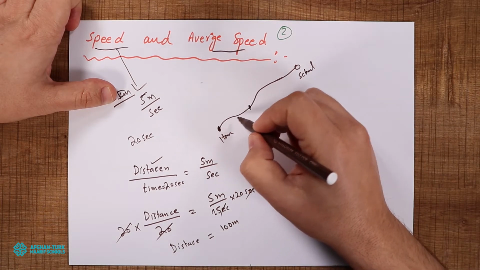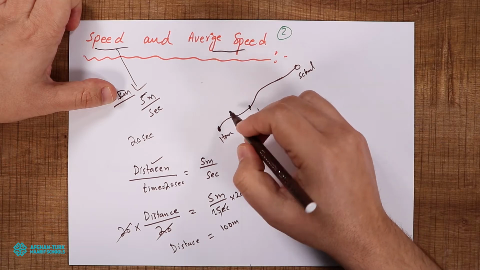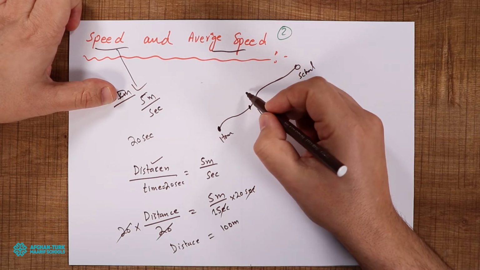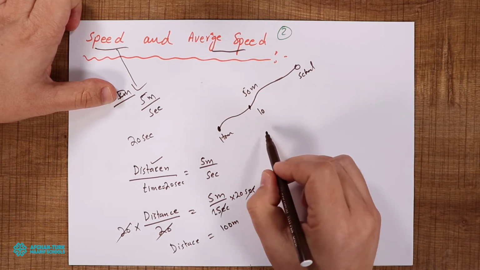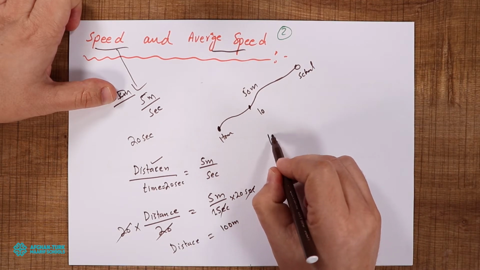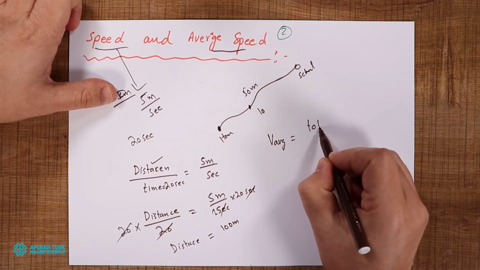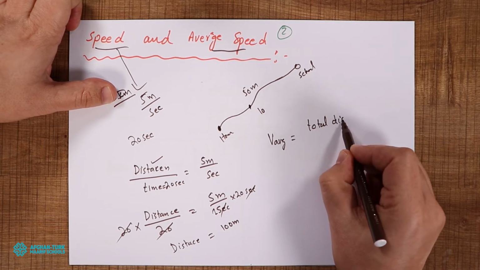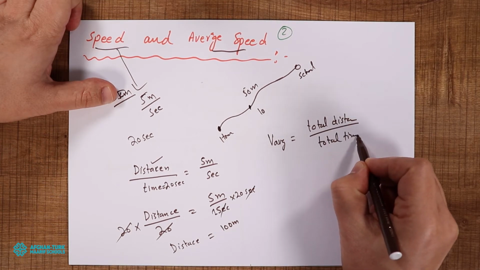For example, suppose the object covers 50 meter in a total time of 10 seconds. How can we calculate the average speed? The average speed formula, V A, is total distance divided by total time.